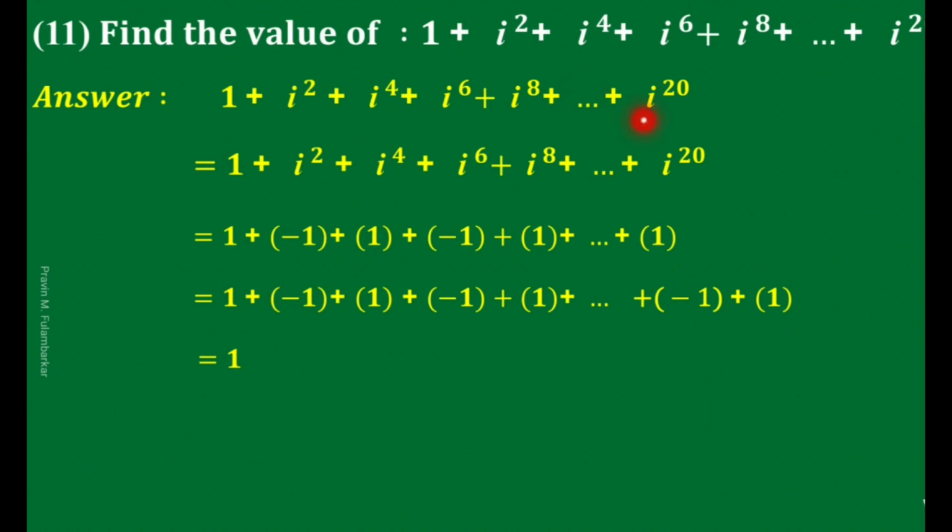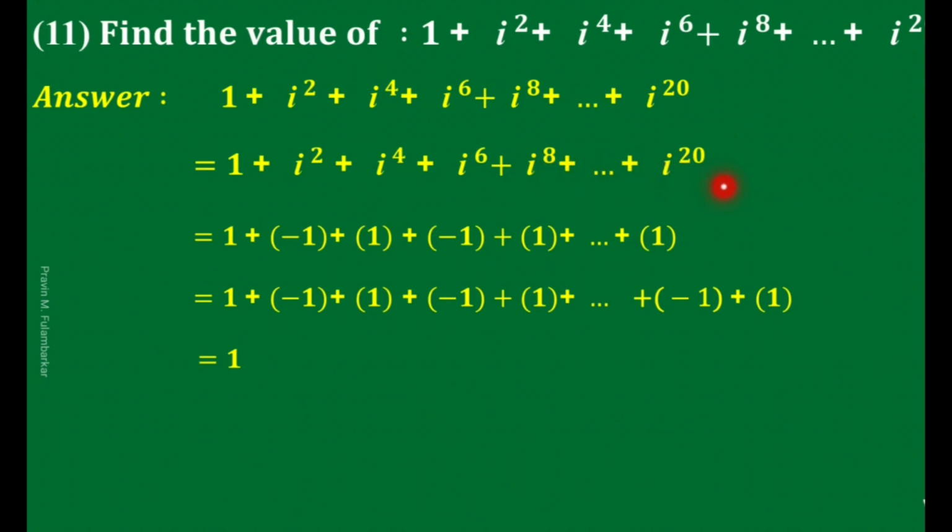In this way we can find the value of 1 plus i square plus i raised to the power 4 plus i raised to the power 6 plus i raised to the power 8, and so on. In the second step you can write i raised to the power 6 as i raised to the power 4 into i square, and i raised to the power 8 as i raised to the power 4 into i raised to the power 4.